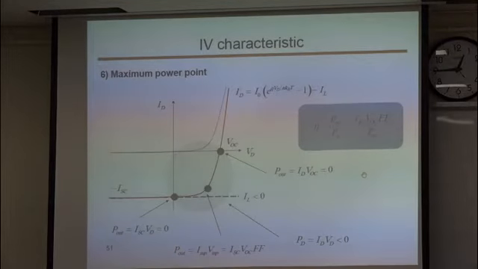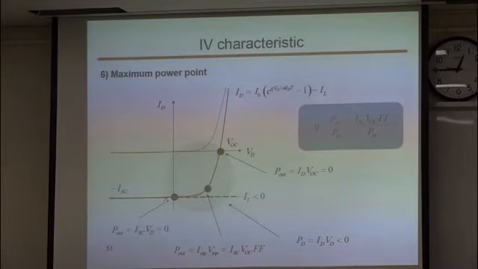Okay, so if we look at the red line, there are 3 points here. The first one is VOC, which is the open circuit voltage. Open circuit voltage is the voltage when the current is not present, which is current equal to 0.